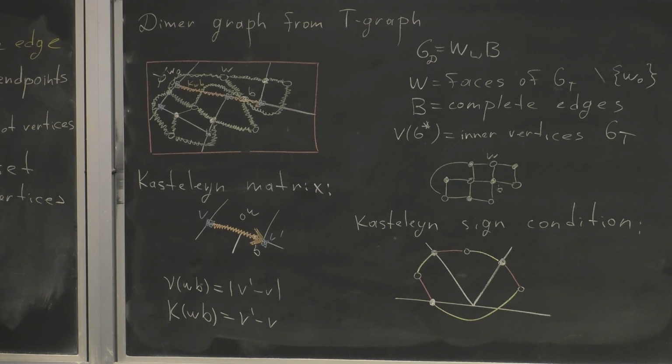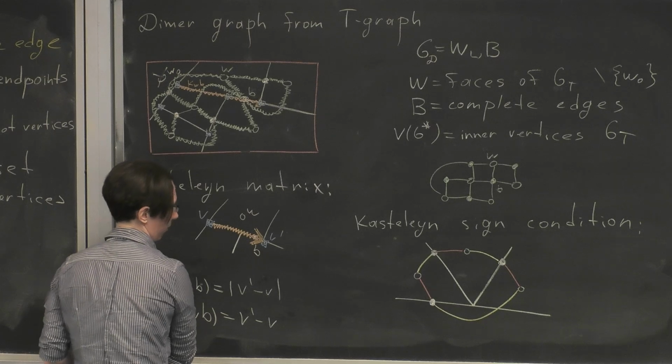Right, so this is the face of the dimer graph, which corresponds to the vertex of the T graph.